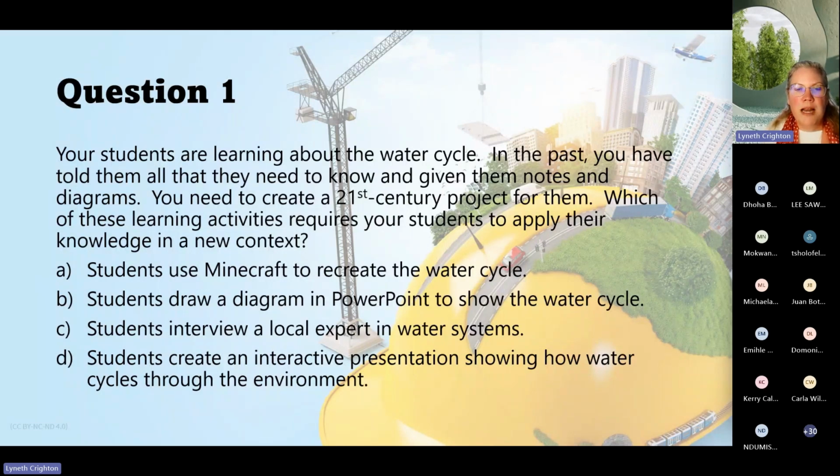Is that any different to drawing a diagram in PowerPoint? And then the last one, if you created an interactive presentation showing how the water cycle moves through the environment, is it more than just creating a presentation to give me back what I already know?